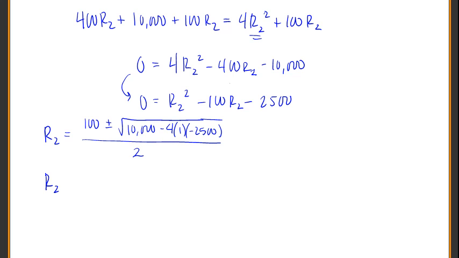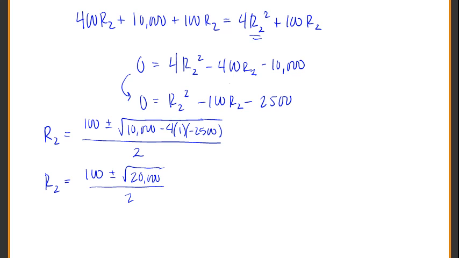Okay, so R2 is equal to 100 plus or minus, and if I do all this, negative 2,500 times 4, that's basically giving us 10,000 plus 10,000 inside there, so 20,000 inside of our square root sign, all over 2.